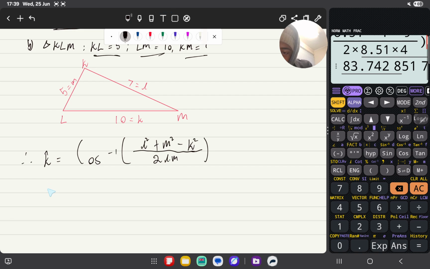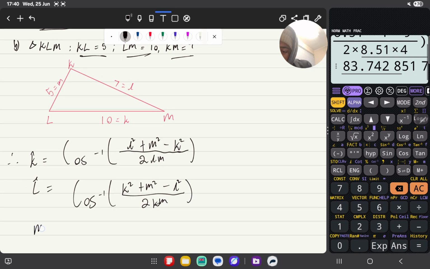And then we go again, angle L is cos inverse of K squared plus M squared minus L squared over 2KM.